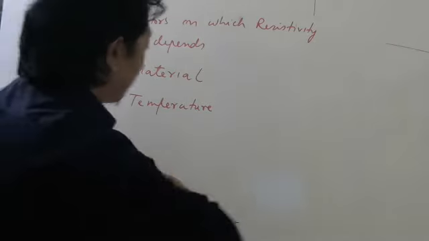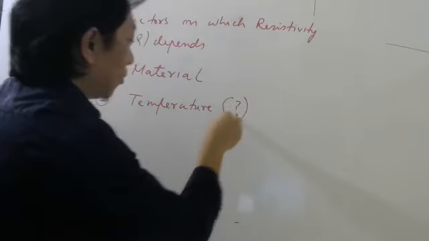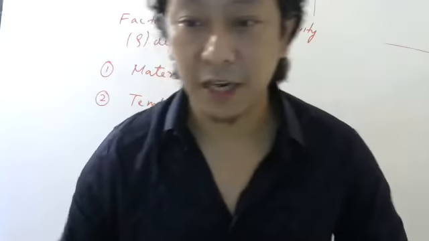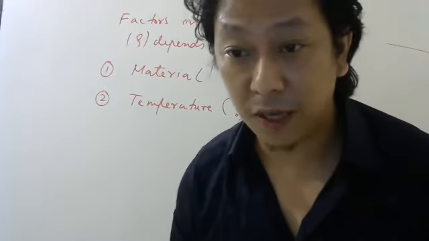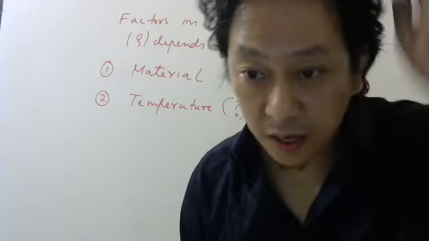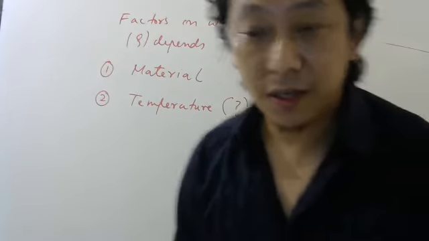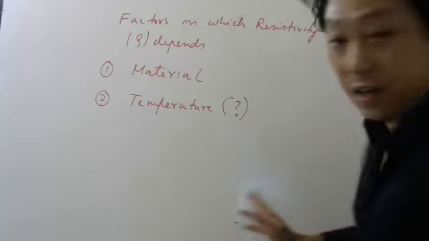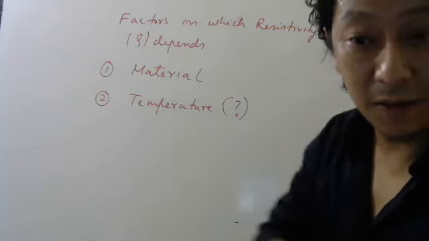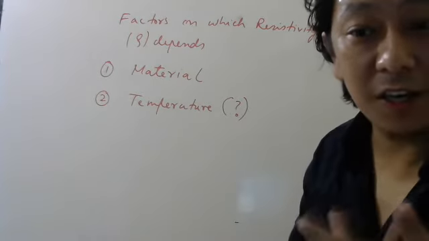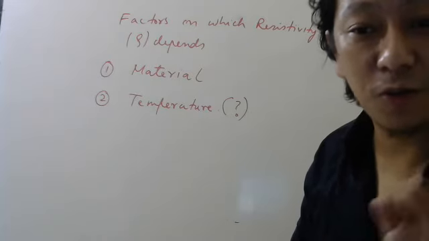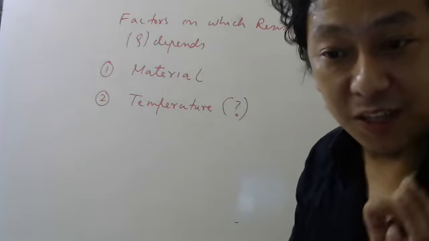Now listen carefully. Why does it depend on temperature? Let us try to think. No, it doesn't depend on area. Sorry. Rohit, Kumar, Likita, just now I told you that by changing the length or the area, your resistance will change, because resistivity came as a constant of proportionality. That's why you have to know the concept of proportionality.